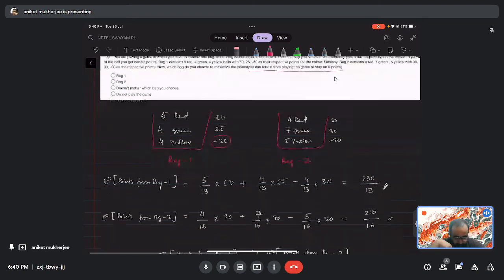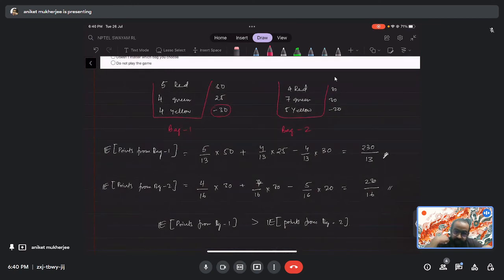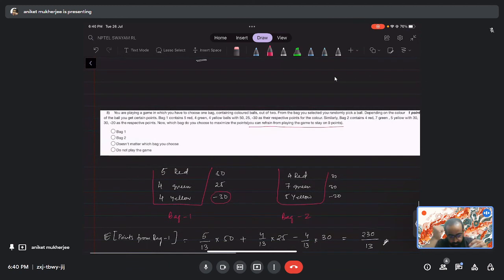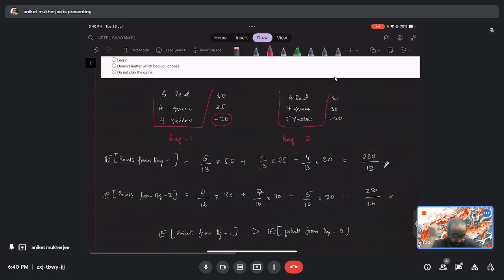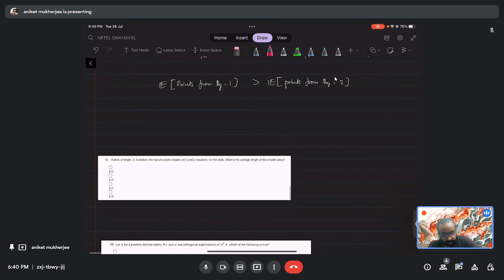But in this question, since the expected rewards from bag 1 are greater than from bag 2, I'm going to choose bag 1. So for the 8th question, that is your answer. You need to choose bag 1, which gives you more points. I hope that is also clear.